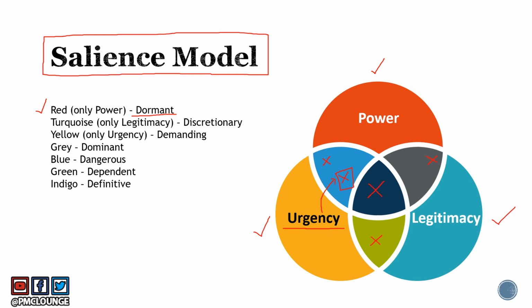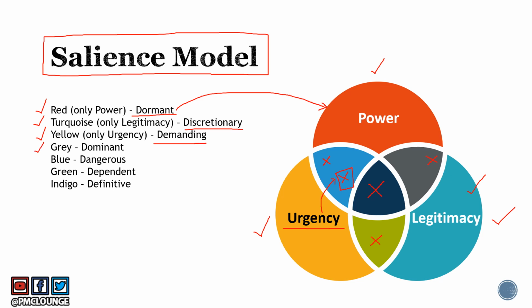They have a lot of power, but they are basically dormant. Once you have a list of the dormant stakeholders, you can put them here in this area. Then you've got turquoise, which is only legitimacy. These are the stakeholders that are discretionary. Then you've got yellow, which is only urgency. These are the stakeholders that are demanding.